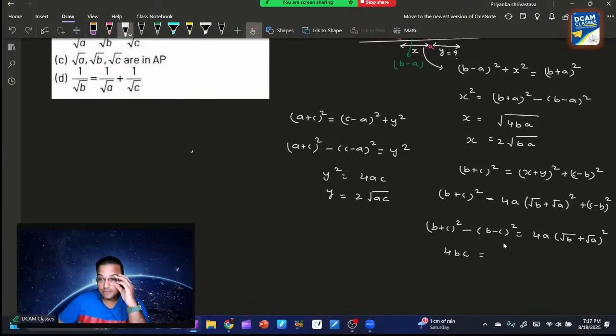What is this? 4A into B plus A plus 2 root AB. 4 will get cancelled. Then it should be root B plus root C whole square, no? Where? X plus Y whole square.